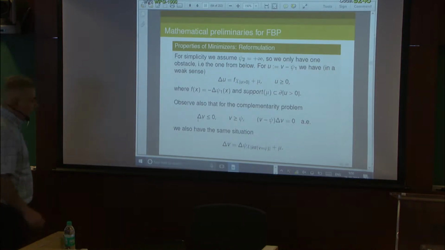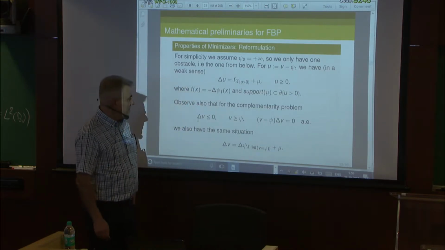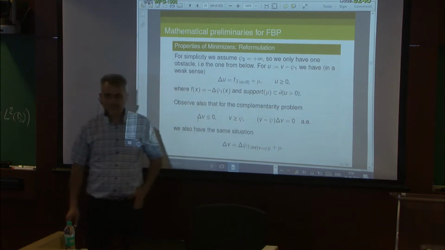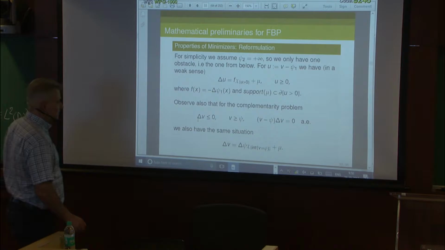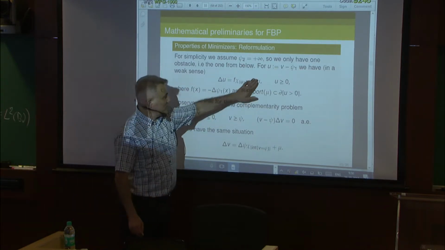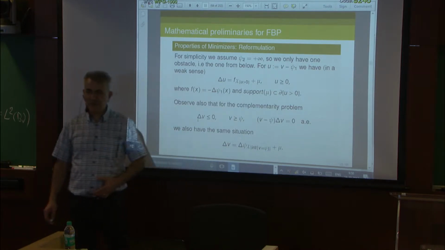And we are aiming at proving that this measure is 0. Because if that's 0, then the problem becomes a little bit simpler. It's a very nice problem.